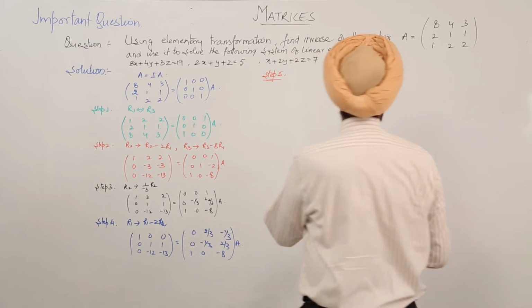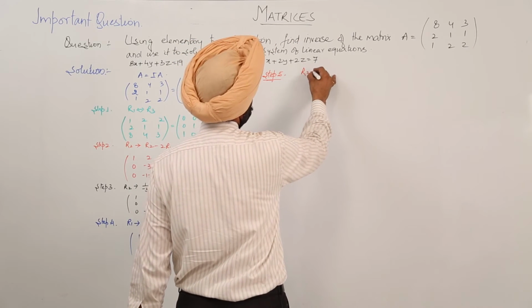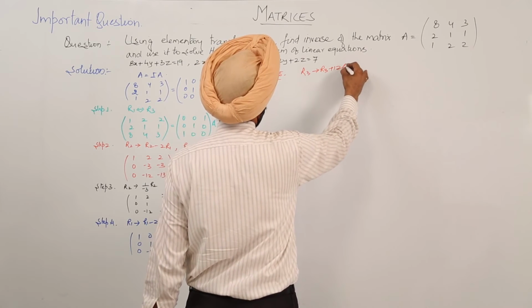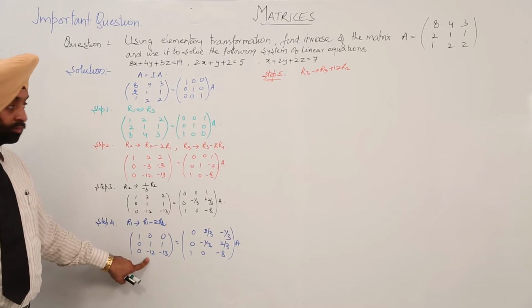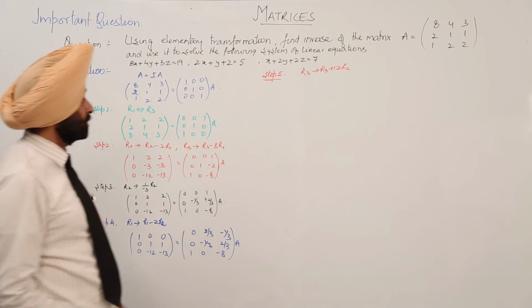Now step 5 will be R3 approaches to R3 plus 12 R2. This I have to make a 0.